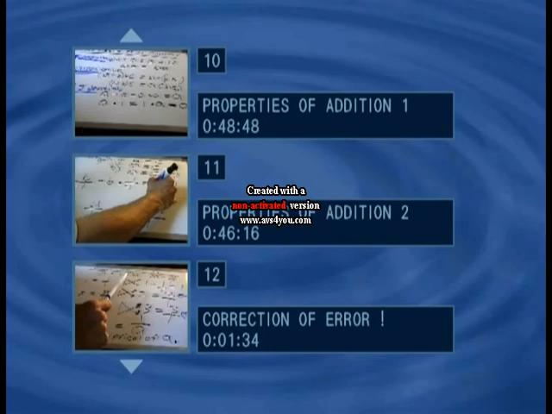That's why you get that. b to the power of 5 times b to the power of 3 gives you b to the power of 5 plus 3, which gives you b to the power of 8.